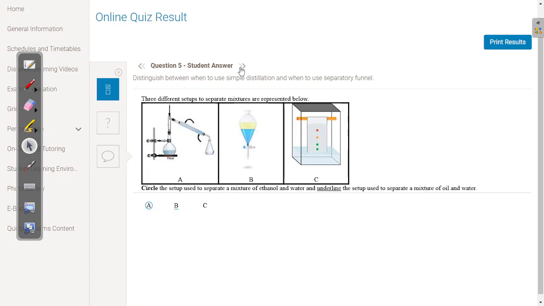So you use fractional distillation. But oil and water don't mix; they're immiscible. So you use the separatory funnel, which is B. Paper chromatography has nothing to do with any of this.